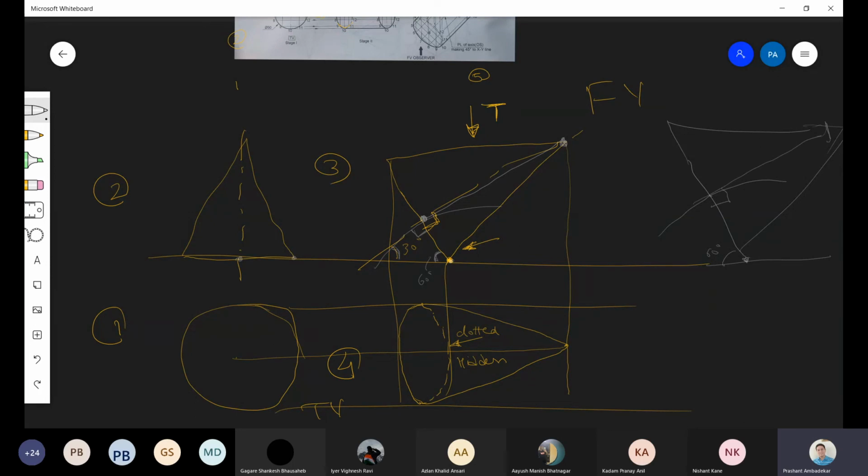This is one way. The other way is, once you get this horizontal baseline, take this much distance in the compass and cut an arc, and take this much distance in the compass and cut another arc. You will get this point. Okay, sir, understood.